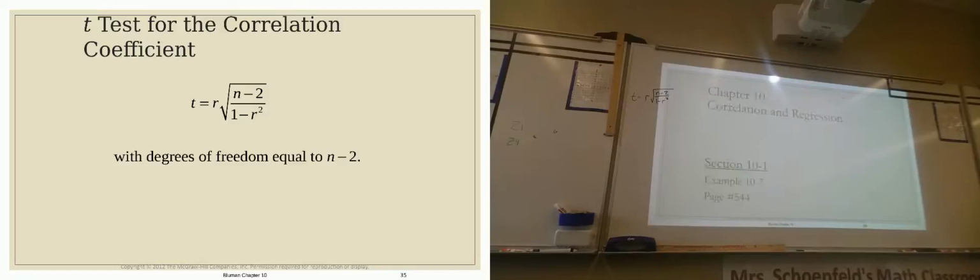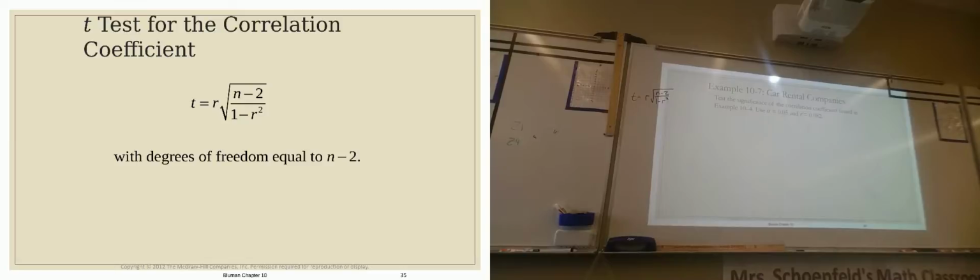Degrees of freedom is n minus 2. That's going to be the only kind of weird thing that changes a little bit. So you're stating the hypothesis. It's not bad since we get our R and R squared. This would be disgusting if you had to use all of those hand equations.